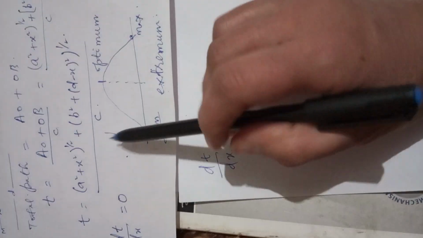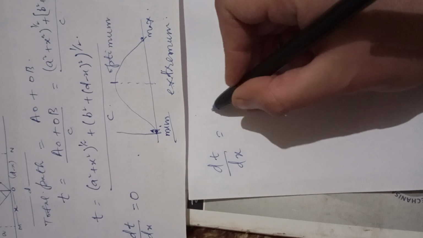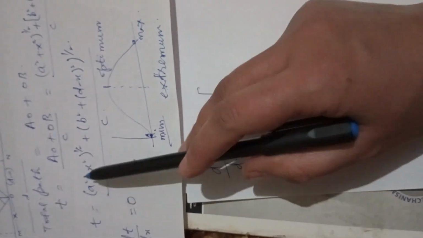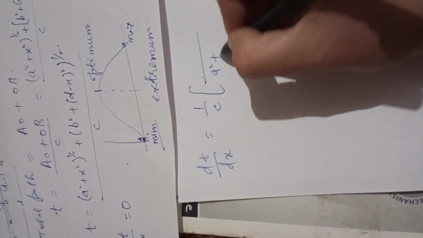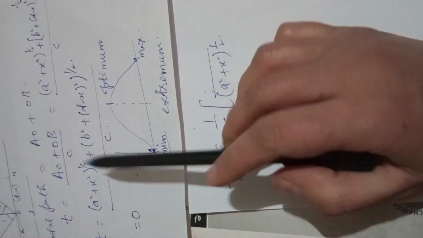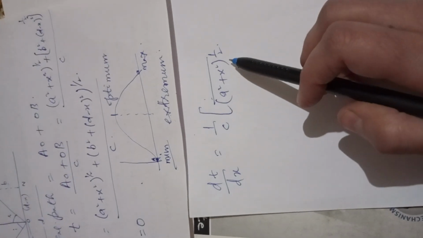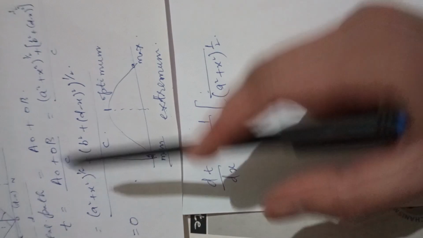Because we are differentiating with respect to x, this c will be common at the first place for both terms. The a square plus x square term will come in the denominator. This is because it will be 1 by 2 minus 1, so that will be minus 1 by 2, so it will come in the denominator. Then there will be the interior differentiation of this x square.